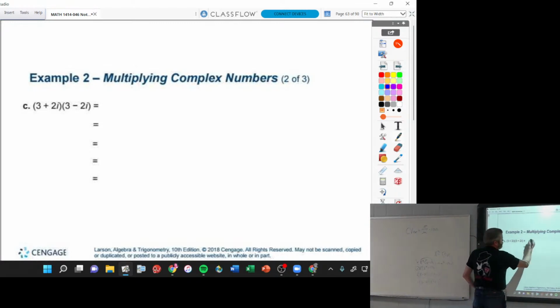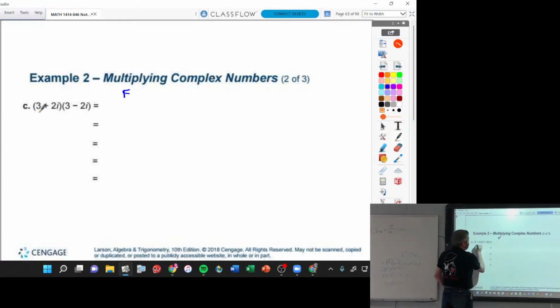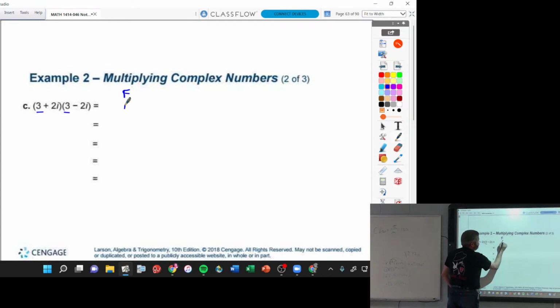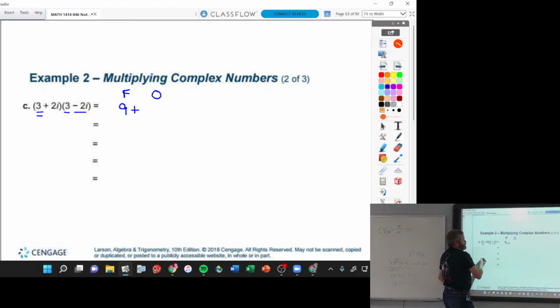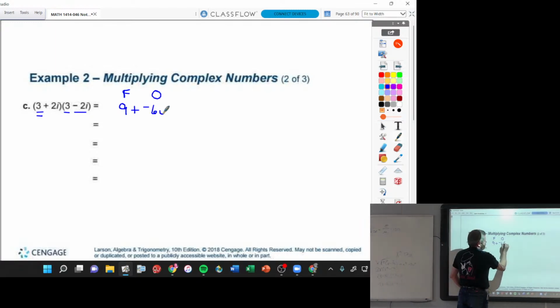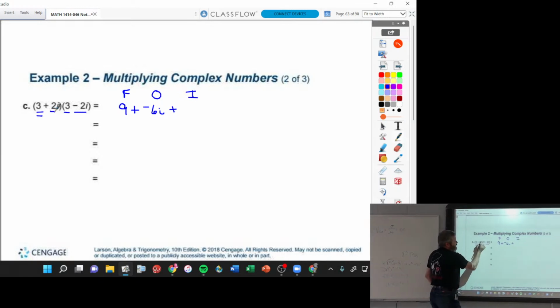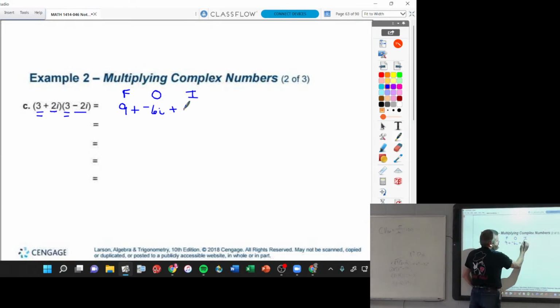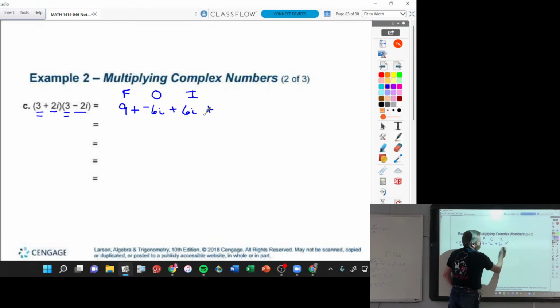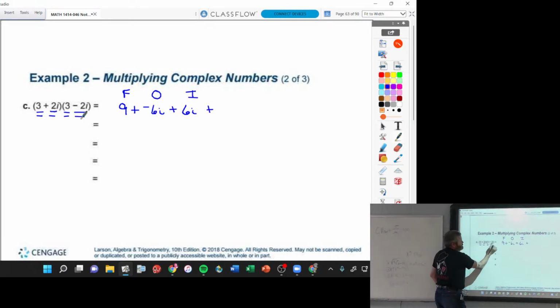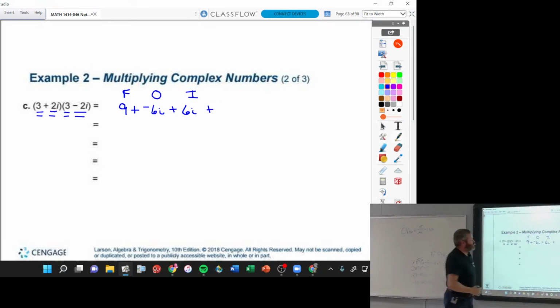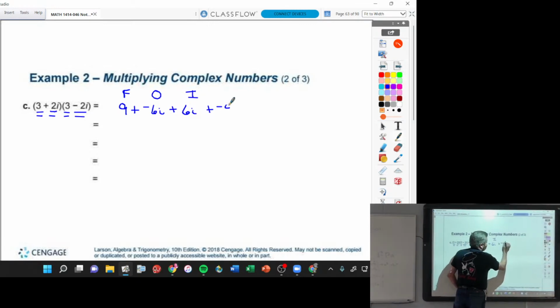So working this out, first times first, 3 times 3 is 9, plus outside times outside, 3 times negative 2i is negative 6i, plus inside times inside, 2i times 3 is 6i, plus last times last, 2i times negative 2i is negative 4i squared.